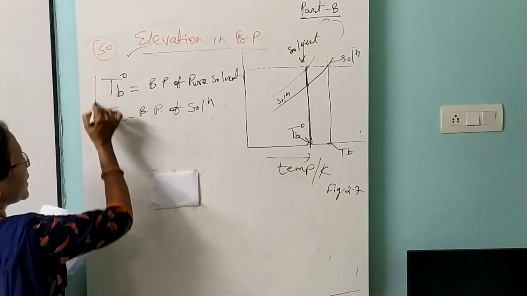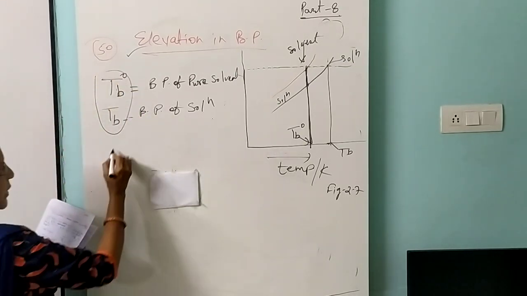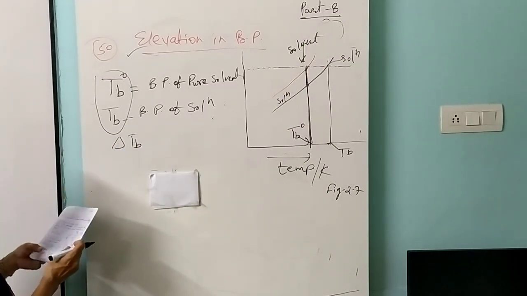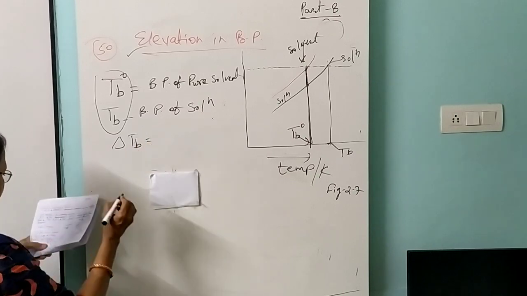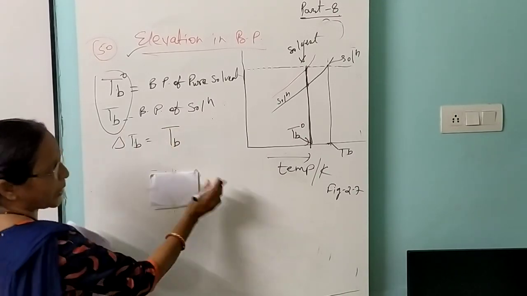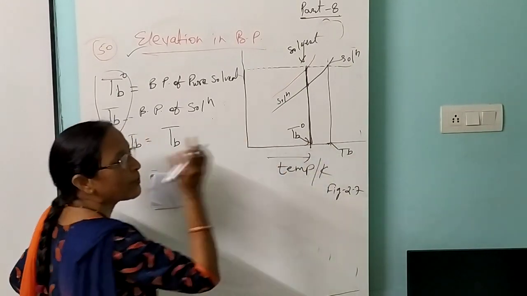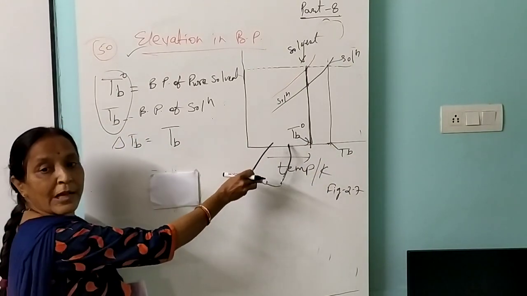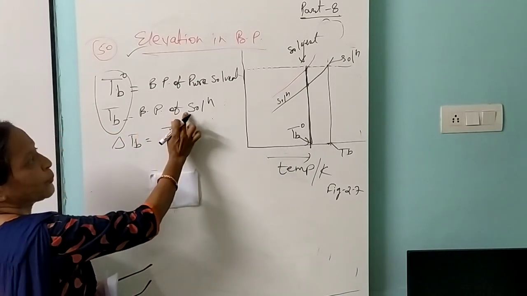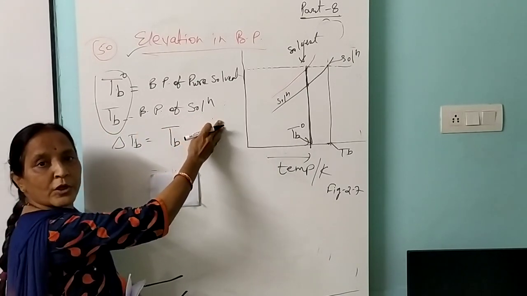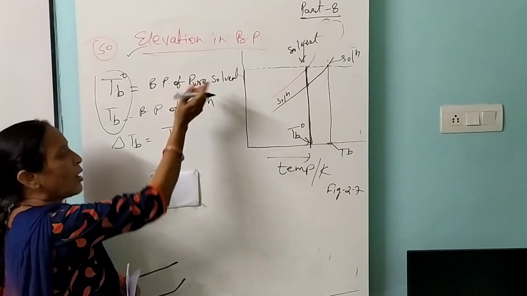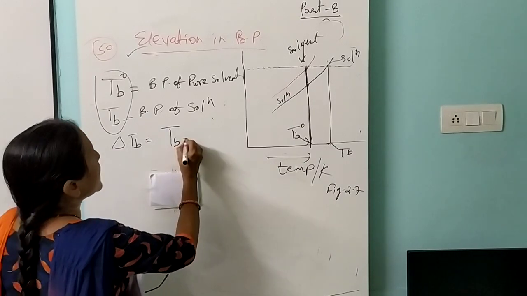If I want to calculate the increase in boiling point, I write delta T_B, the increase in boiling point. Delta T_B is equal to T_B minus T_B^0, because the boiling point of the solution is always greater than that of the pure solvent.